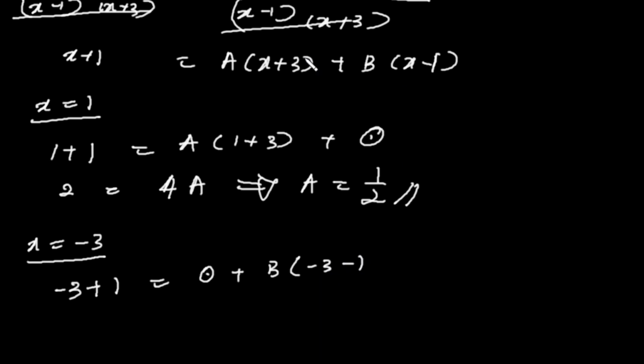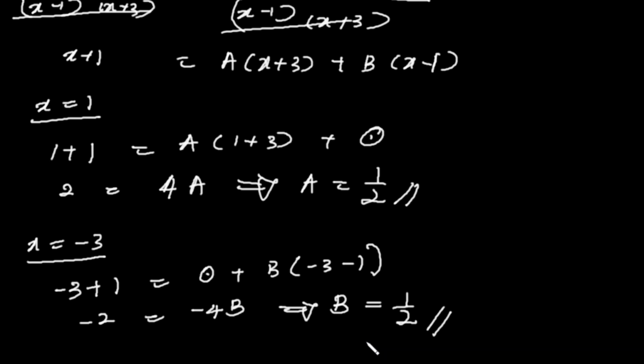So here minus 2, here minus 3 minus 1 means minus 4, minus 4 into b. So we can find b equals half, because minus 2 equals minus 4b means half. Okay, now you have the value for a and the value for b.